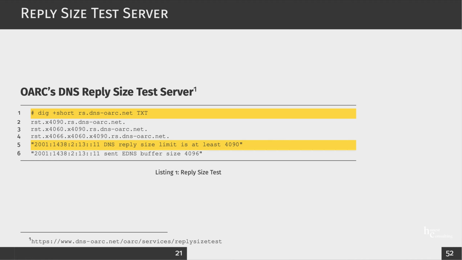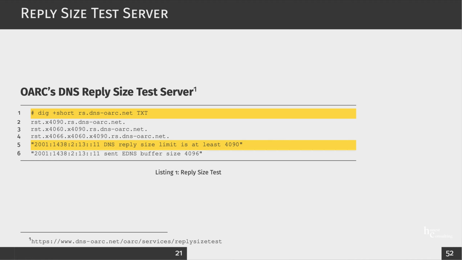The DNS-OARC is providing a test server that you can use to identify if your DNS infrastructure right now is able to handle packets of that size, so packets that are needed to support EDNS.